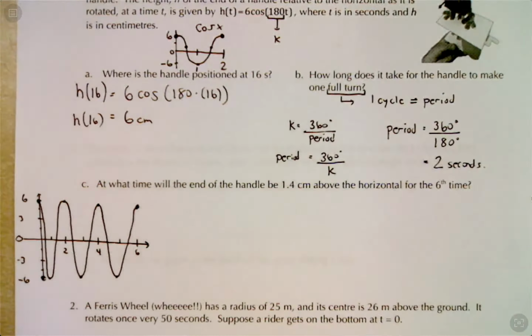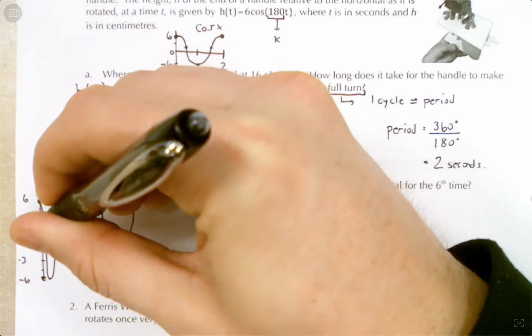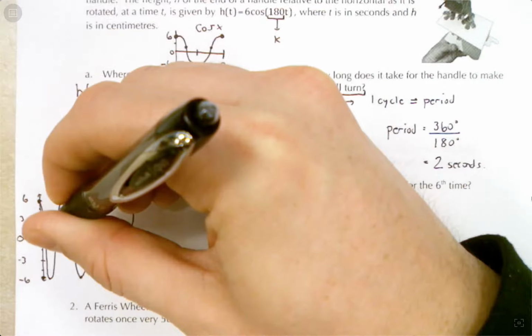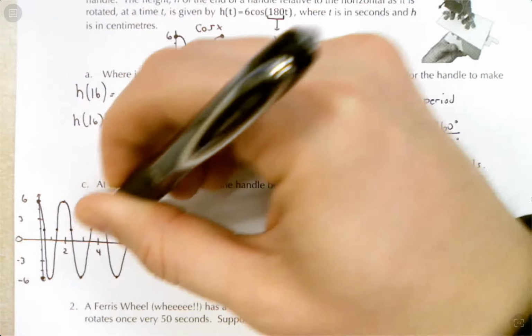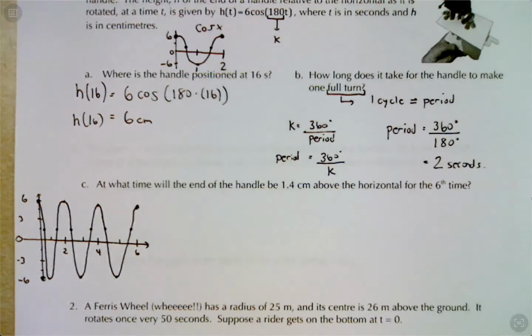So there's a nice sketch of what we're working with. And we want to see where it's 1.4. So I'll label 1.4 on there. First time's here, second time's here, third time, fourth time, fifth time, sixth time.